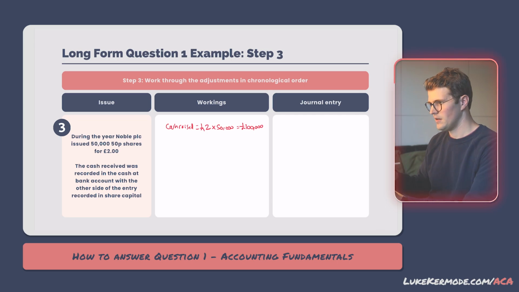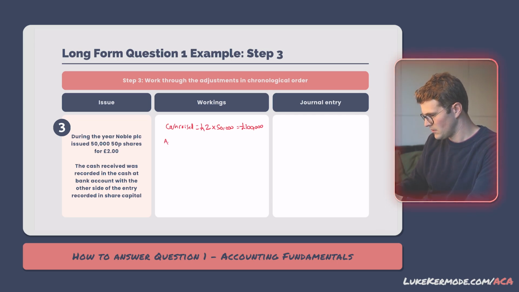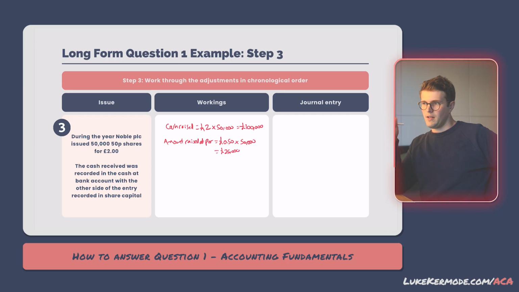But only 50 pence times 50,000 shares equals 25,000. Only 25,000 of that amount relates to share capital at par.